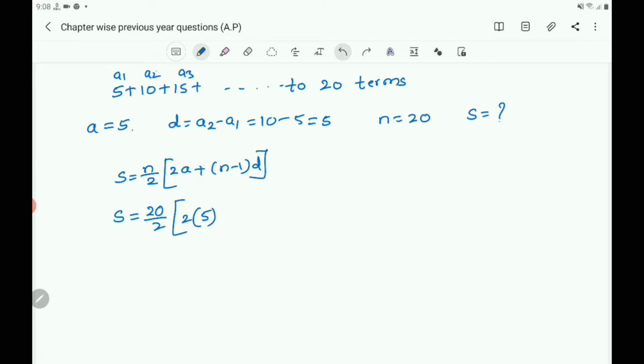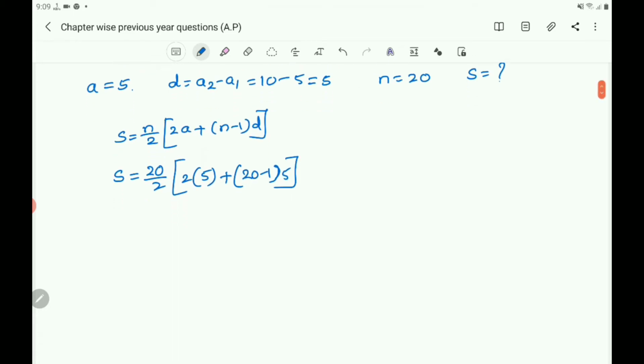Then plus n minus 1, that means 20 minus 1, and then put the value of d, in the place of d you write 5. Then S equals 2 tens are 10, then 2 fives are 10.